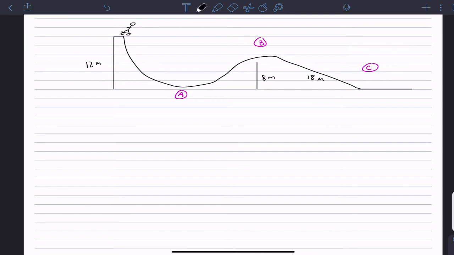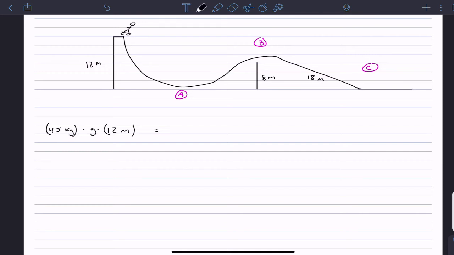So we're going to say our gravitational potential is mgh, right? So that's mg times 12 meters. What is m? M is given, I believe it is 45 kilograms. So let's just write that out as well. Why not? 45 kilograms times g.